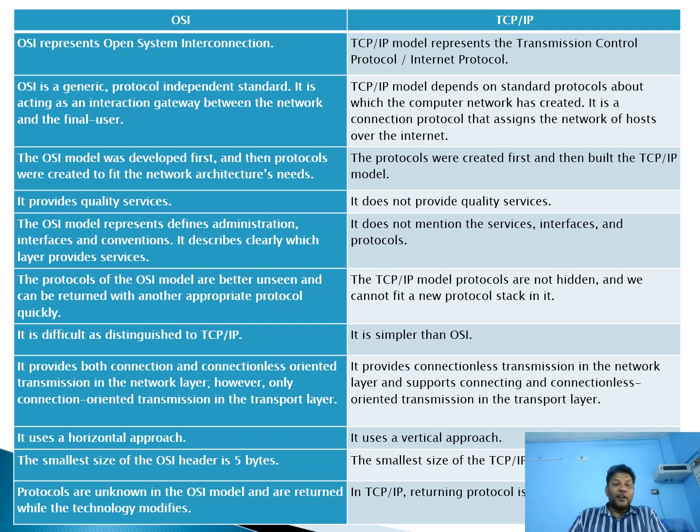OSI uses a horizontal approach and TCP/IP uses a vertical approach. The smallest size of the OSI header is 5 bytes, but in TCP/IP, the smallest size of the TCP header is 20 bytes. It's much higher than the OSI model.